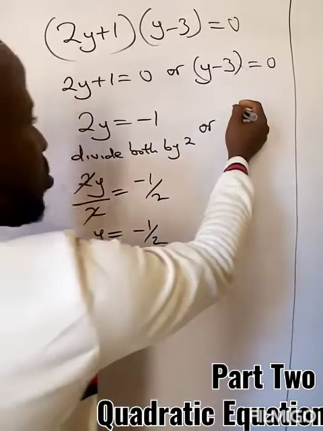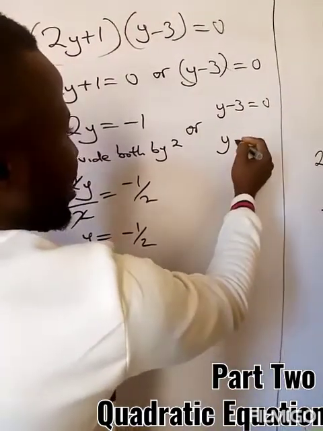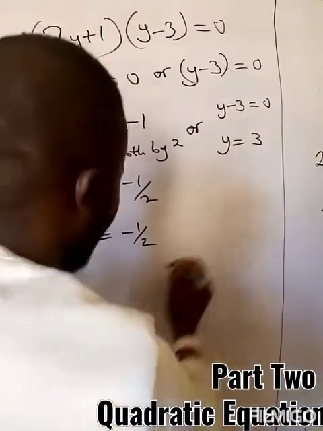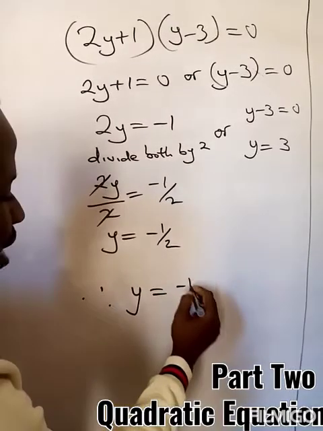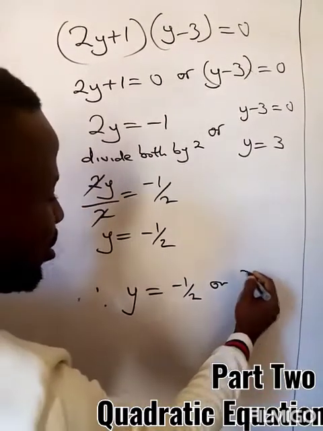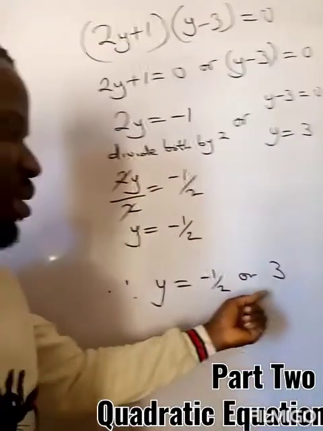Or we have y minus 3 equals 0, so y equals 3. Therefore, our y could be minus half or 3.